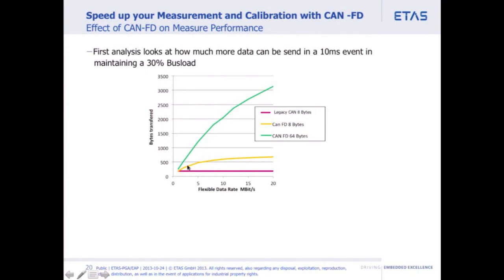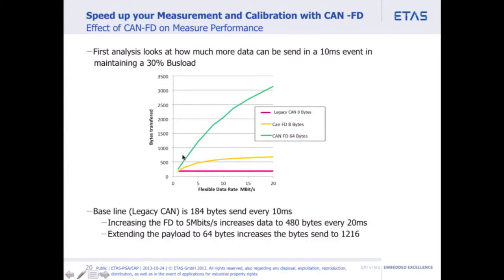If I have legacy CAN and I'm measuring at a 10 millisecond raster with 30%, I can send 184 bytes of data every 10 milliseconds. For example, if that's 2-byte data, that's about 92 messages. So I can read 92 CAN messages every 10 milliseconds. Now, I've plotted this out as a baseline line here.